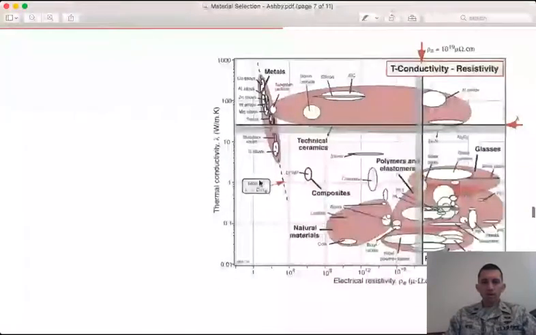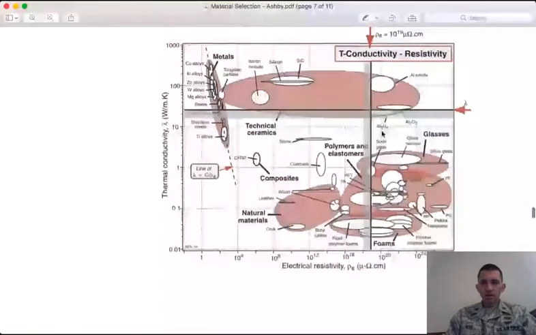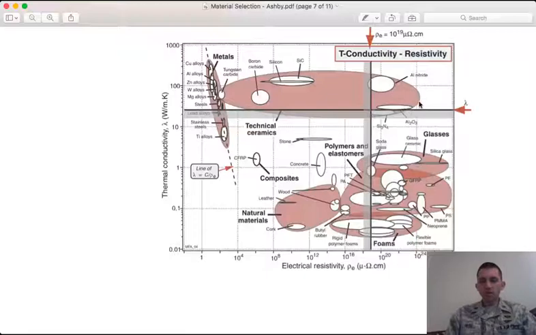Well, that is on the y-axis, and so on the right side of the chart, we see that we have a grouping of materials that would technically be suitable, but have a relatively low thermal conductivity. And so right away, we identify this upper right quadrant that has a high enough electrical resistivity and a much higher thermal conductivity, right?